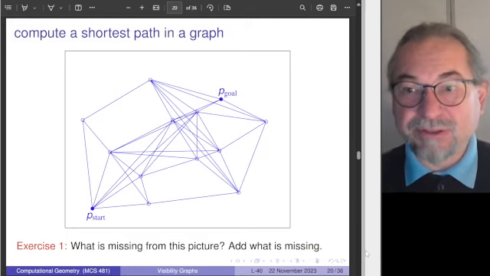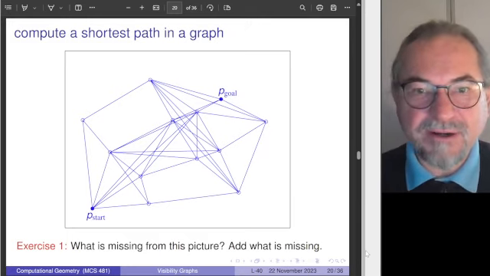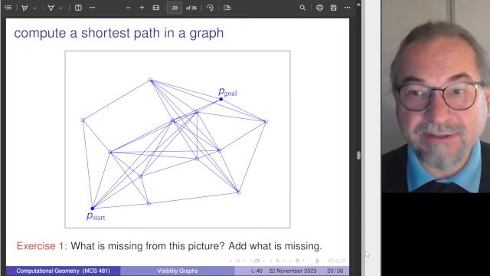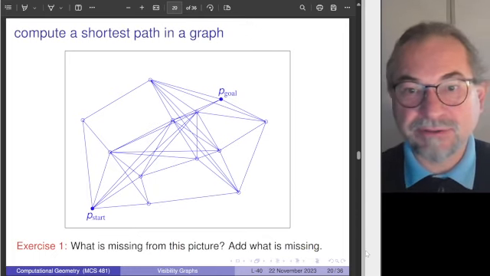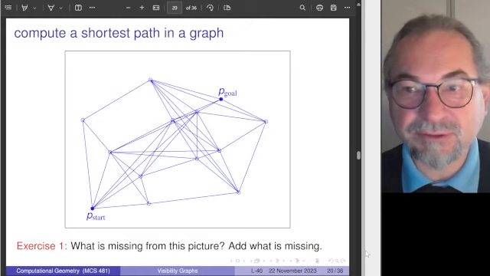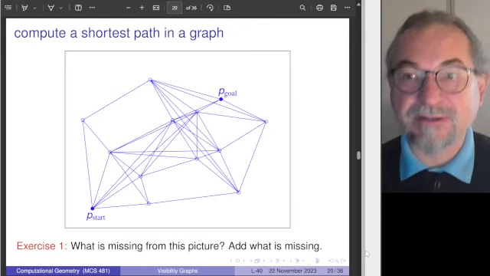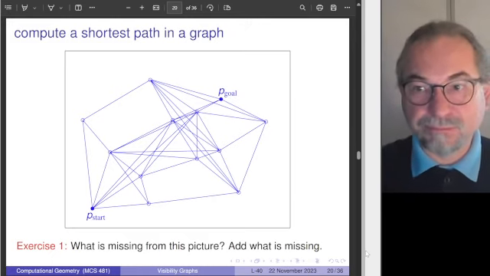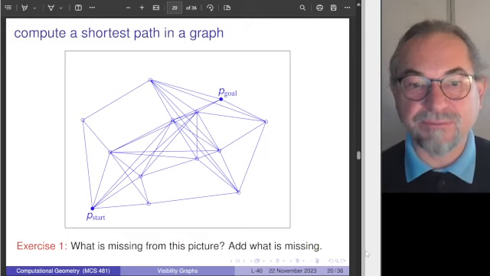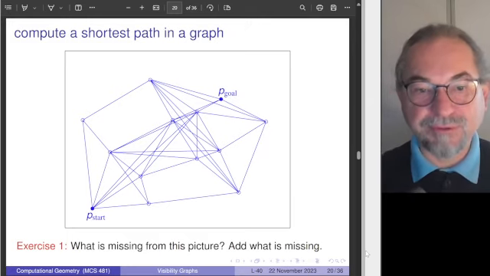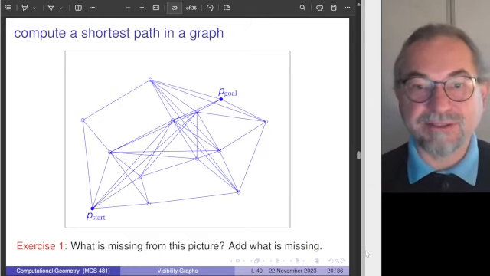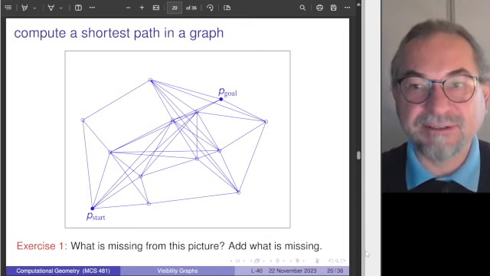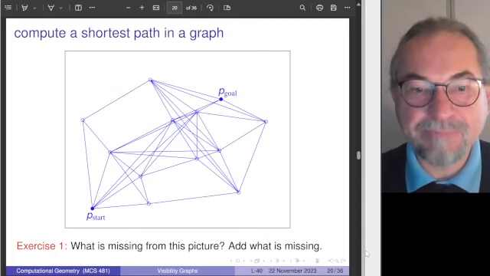So I said it was an undirected graph. It will of course become directed if we go from start to target. So in some sense you could say what is missing is that you could put a direction to this. So from start you could see this as a source, and the target is the sink.